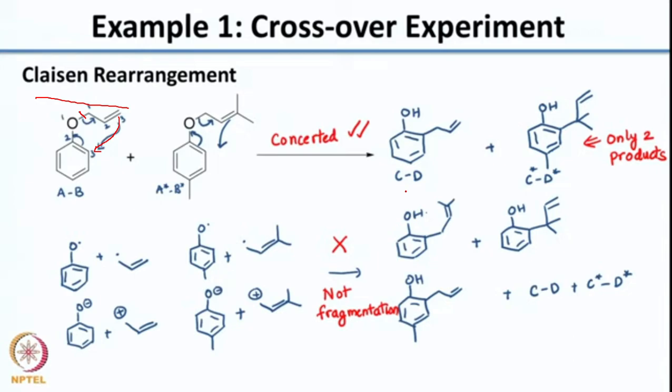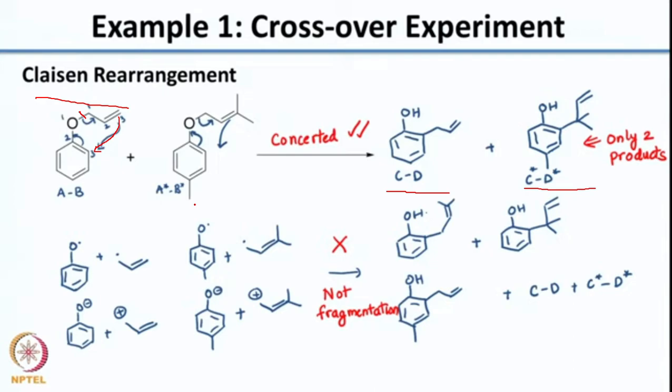So immediate formation of product will take place here. Similarly, here also you can see 3,3 sigmatropic shift, which will give you the product C star D star here, right?